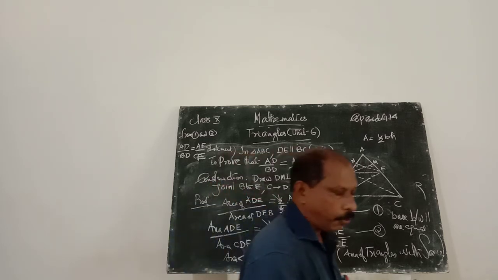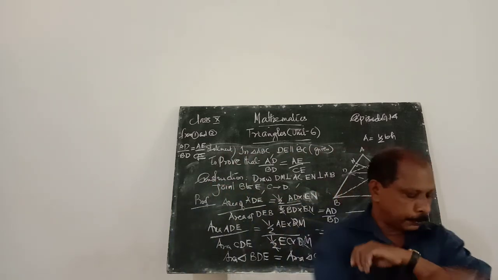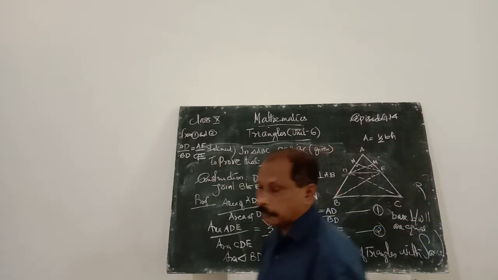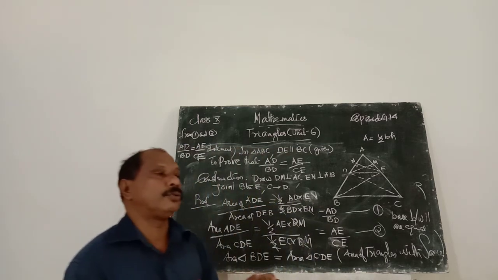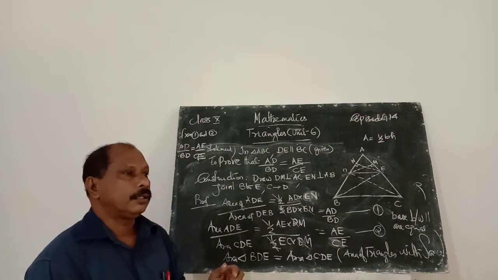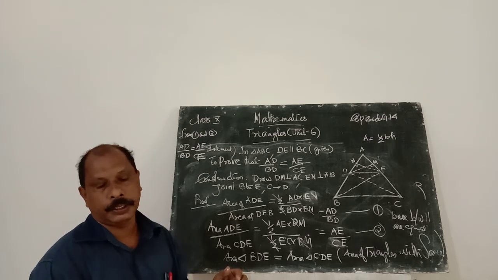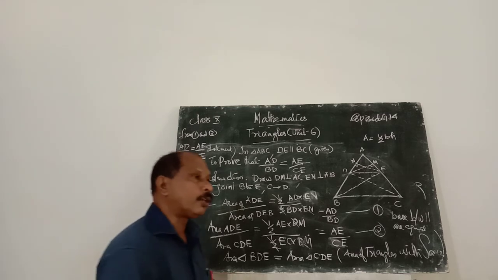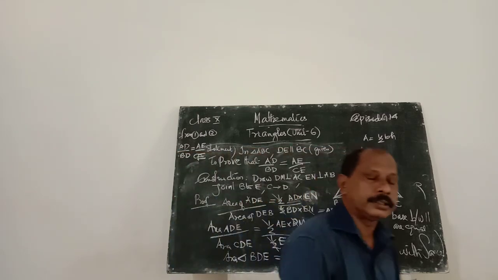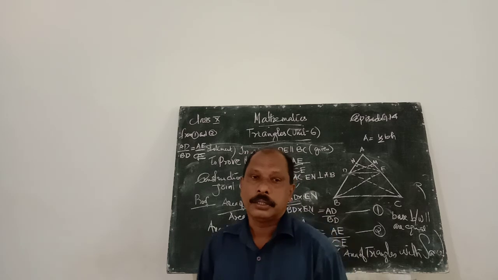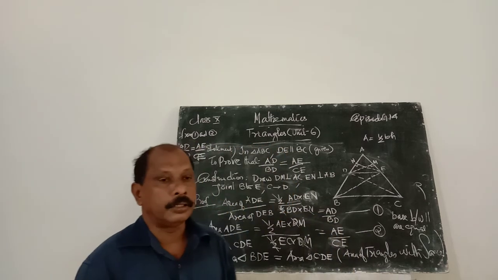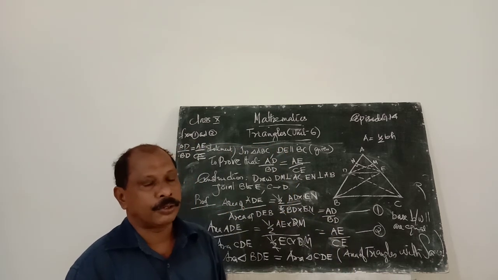Okay, then once again the proof of that basic proportionality theorem. For that, what is the statement? In a triangle, a line joining two points on two sides of the triangle, parallel to the third side of that triangle, will divide the other two sides in a constant ratio.